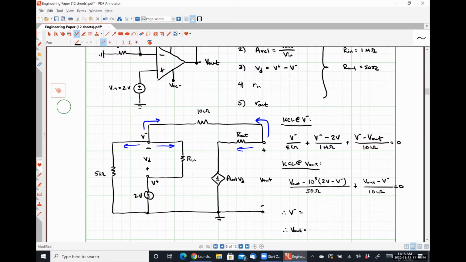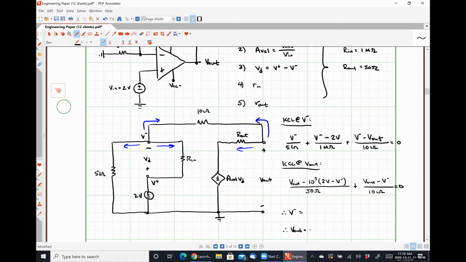My coefficient for V out is 1 over 50 plus 1 over 10,000. And lastly, my constant term is going to be 2 volts times 10 to the 5 divided by 50 ohms, so 200,000 over 50.